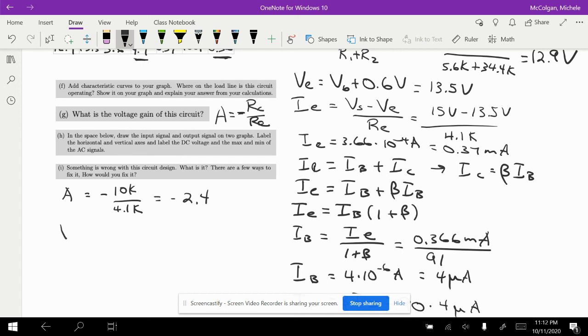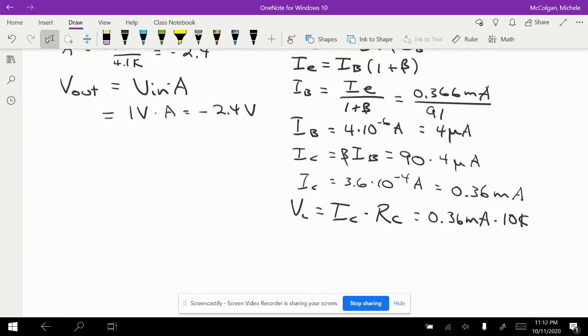If we think about our output, Vout is going to be Vin times our gain. We know that our input AC signal is 2 volts peak to peak, so our amplitude is 1 volt. So 1 volt times A means our output signal is going to be negative 2.4 volts.